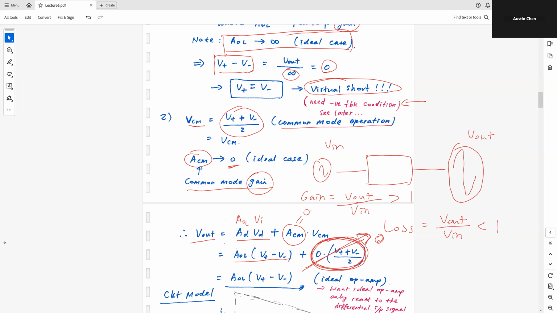This is one of the non-idealities associated with your op amp in a practical sense. That's why it is important to understand that there are two modes of operation for this op amp. If we're treating this op amp as an ideal block, then for the most part we'll look at just the differential mode, and we assume that in the common mode case ACM is equal to 0, and we can just zero out this part here.